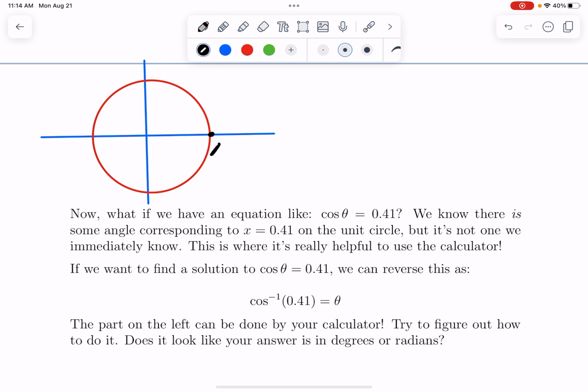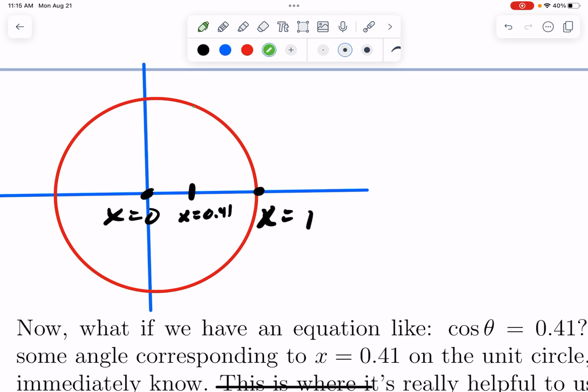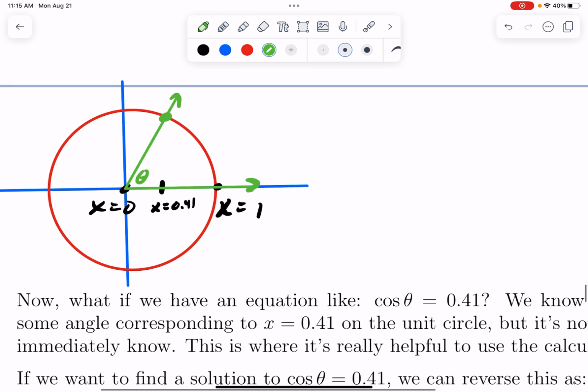So here is where x is equal to 1. Here is where x is equal to 0. Somewhere right around here would be where x is equal to 0.41. There's a point on the unit circle there. And there certainly is an angle that would work out like that, and there absolutely is an angle that satisfies that equation.